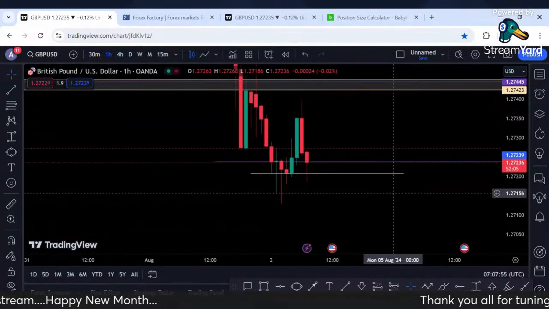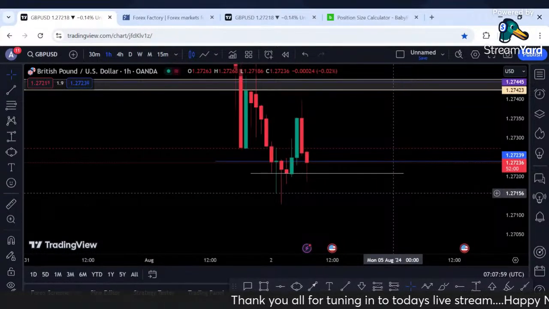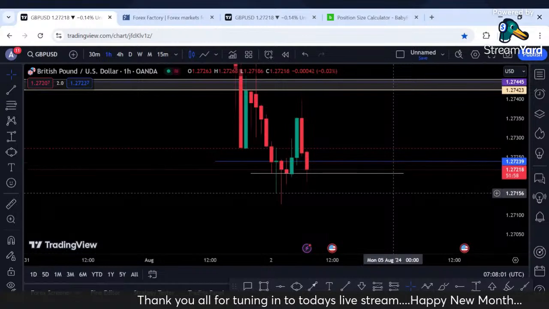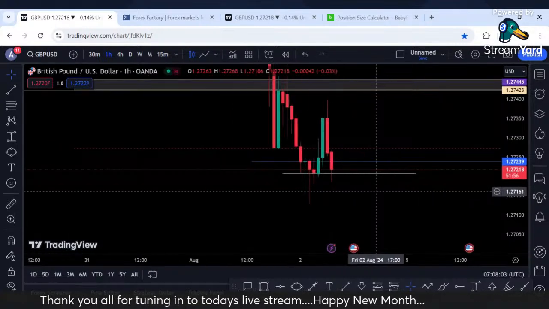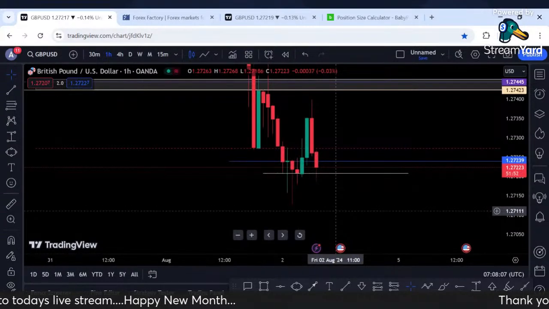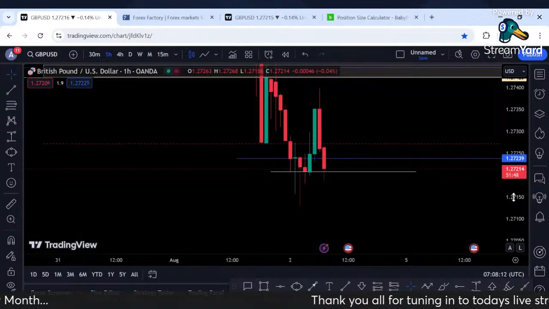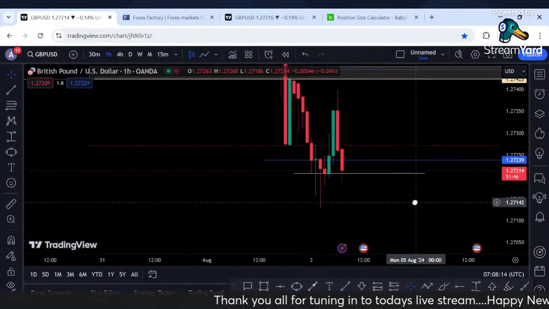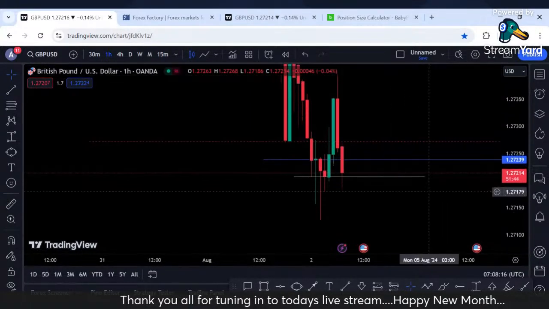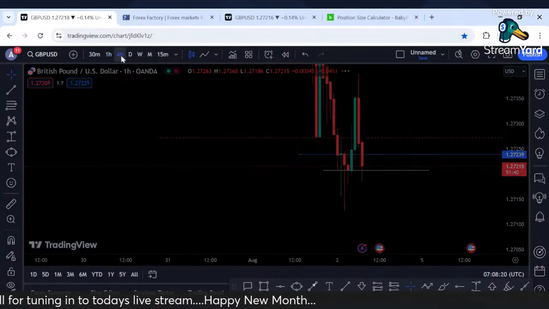The entry is the problem now. You can project or predict the market very easily. Where it will be going is very easy, but where to stand to shoot is the most difficult part.